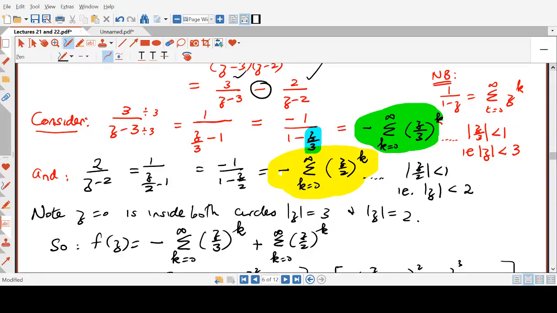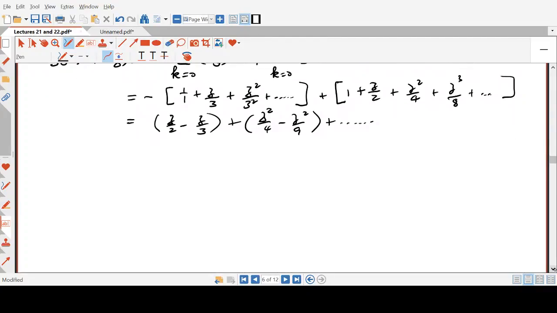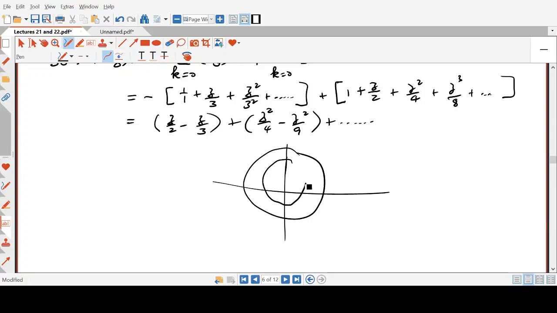So what if you have a point outside these two radii? You see, z equals naught. Let's just see what I'm saying. In this problem here, you have two circles, z less than 3, z less than 2. The fix is very easy. You just have to redraw this axis.